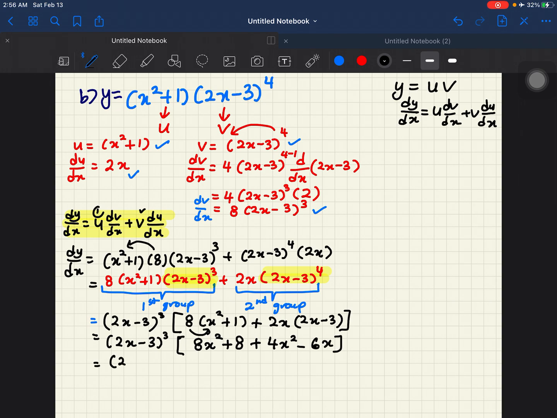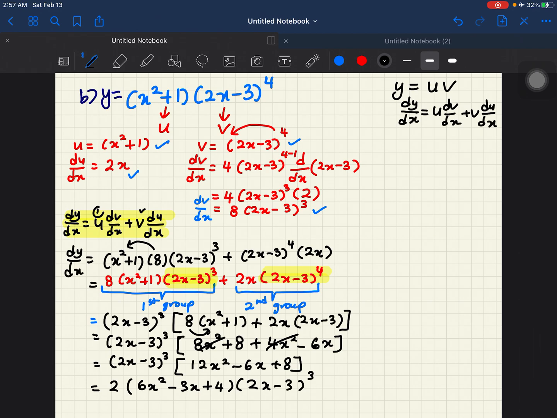Okay, so arrange. 8x squared plus 4x squared happens to be 12x squared minus 6x plus 8. Can we simplify that further? Yes. We can take out 2, bring it to the front. So, it becomes 2(6x squared minus 3x plus 4) in bracket, (2x minus 3) to the power of 3.